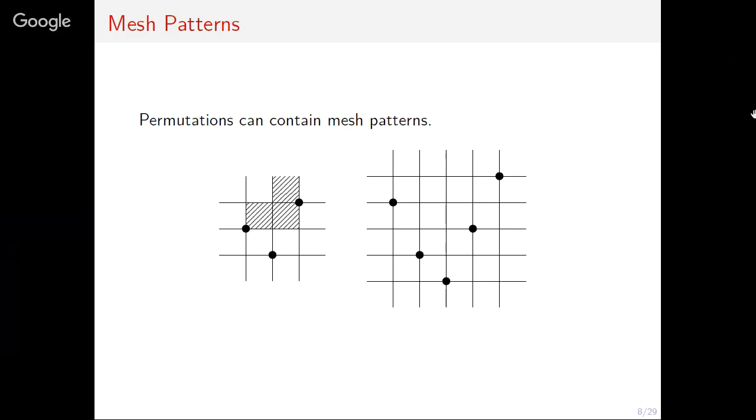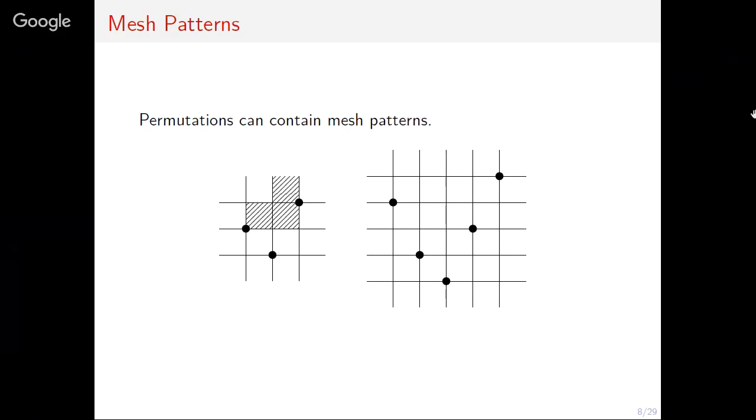So a permutation can contain a mesh pattern. First of all, it has to contain the classical permutation pattern. So in this case, the permutation contains the pattern 213, highlighted here with the blue dots. And secondly, these shaded areas in the mesh pattern must correspond to empty areas in the permutation.